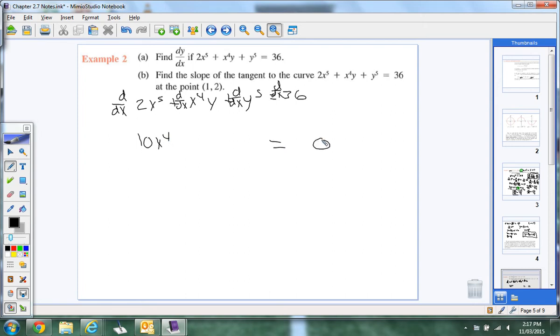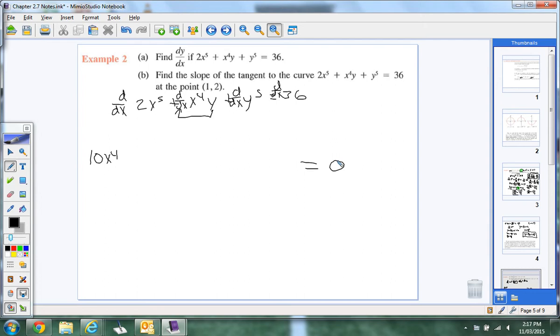Okay, the second piece here. What do I have to do? Why? What's creating that? Are there two variables multiplying? So then what rule do we use? Product rule.